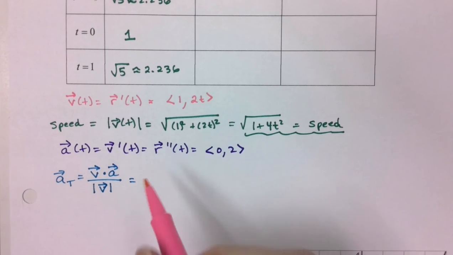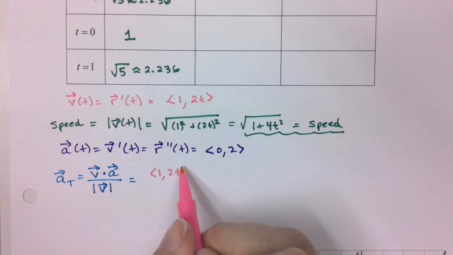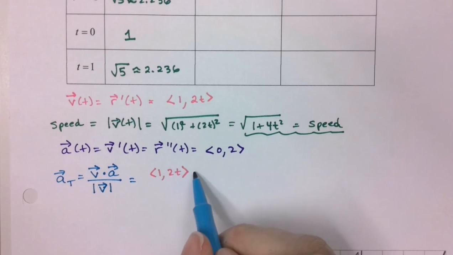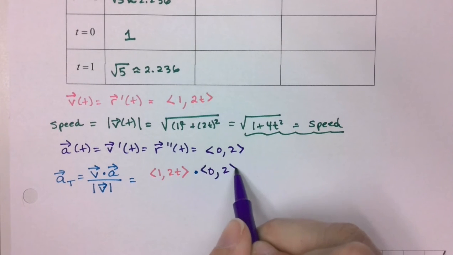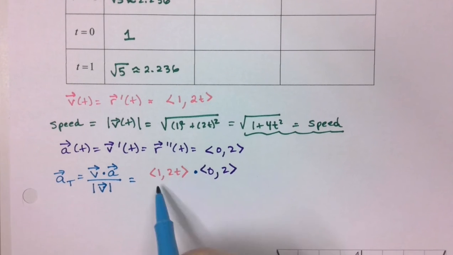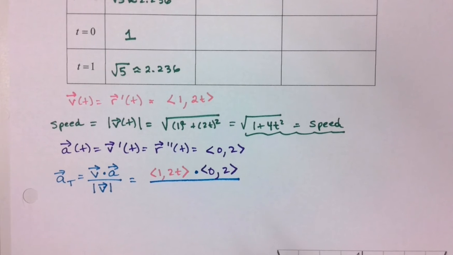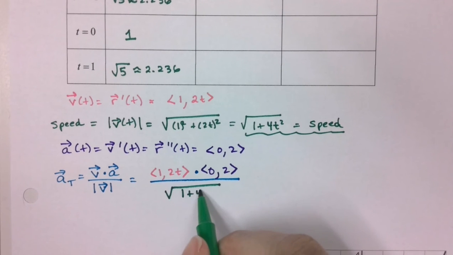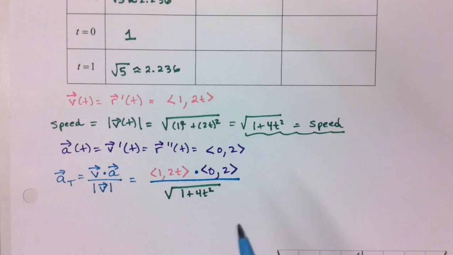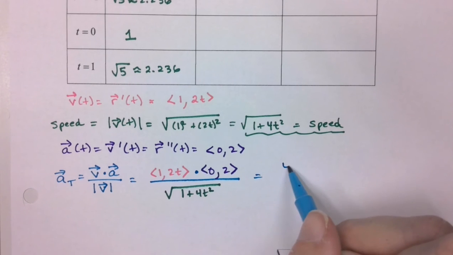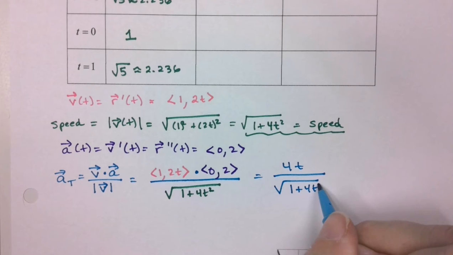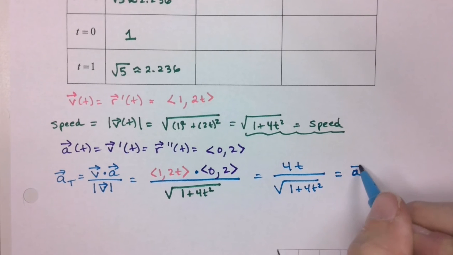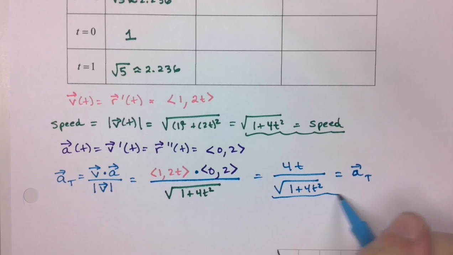Okay, well, velocity is 1 and 2t. I will dot product that with 0 and 2, and I will divide it by my speed, which is the square root of 1 plus 4t squared. The dot product of these two is 4t, so it's 4t over the square root of 1 plus 4t squared. This is your acceleration component in the tangential direction.